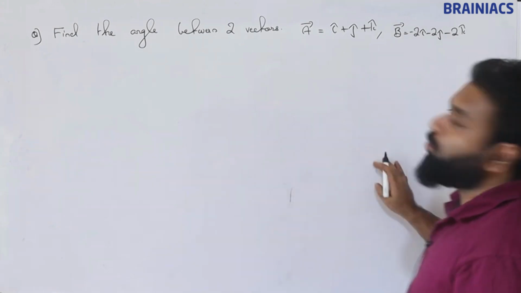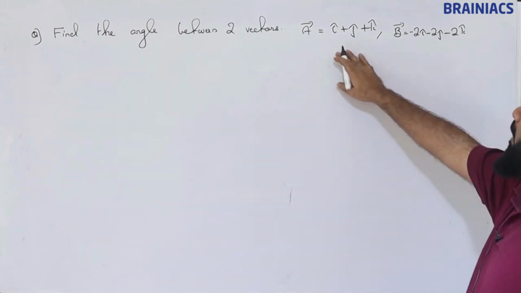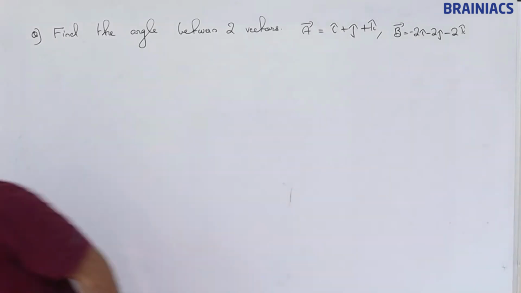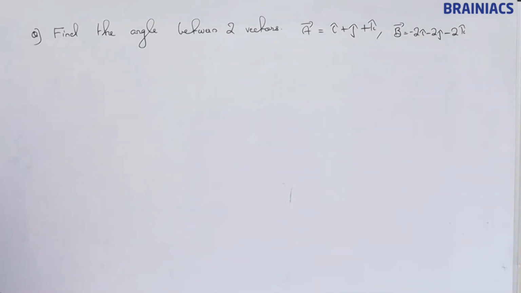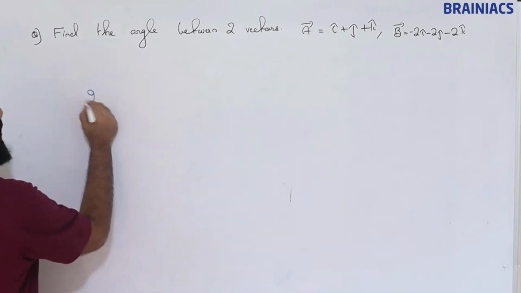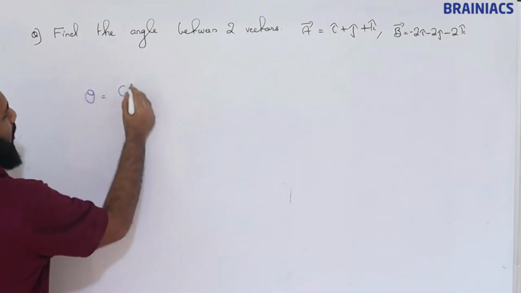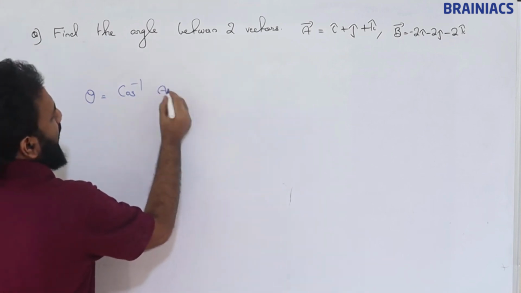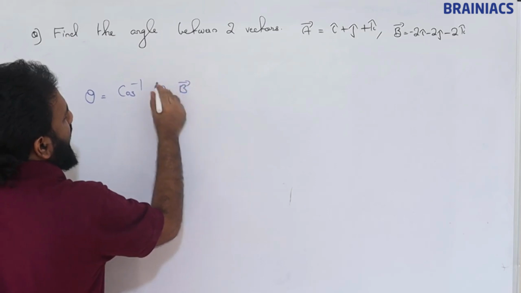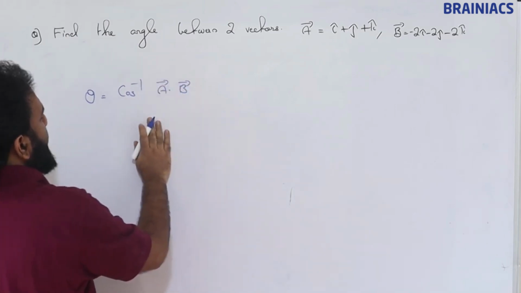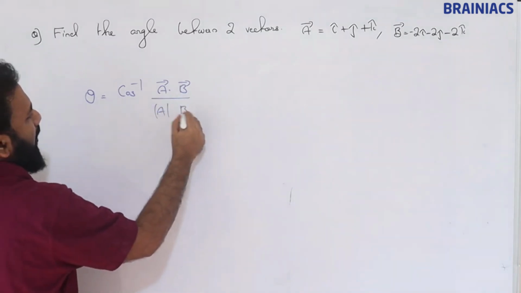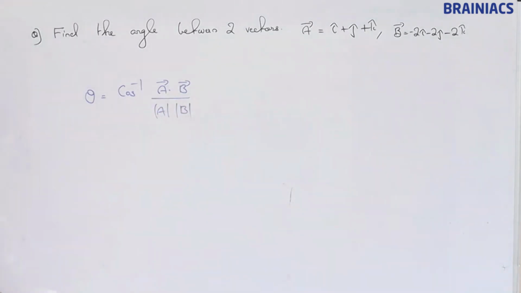So take this question. Find the angle between two vectors. Vectors are given, vector A and vector B. So we know theta is equal to cos inverse of what? A dot B divided by mod of vector A into mod of vector B. Correct?